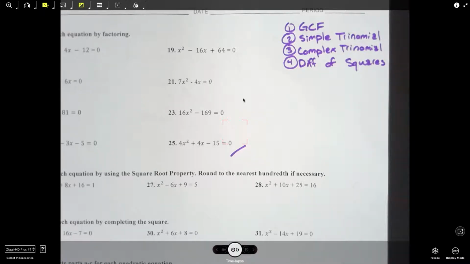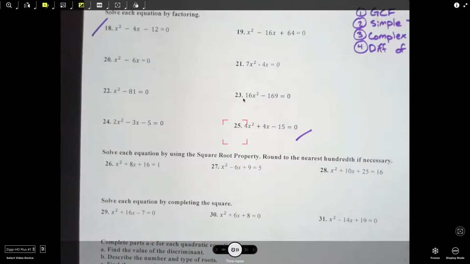There's 2 of them. 24 has a 2 in front of it. Figure out which ones are which. I think they go in pairs. Yeah, I think they do. I didn't plan that very well, but whatever, it's fine.